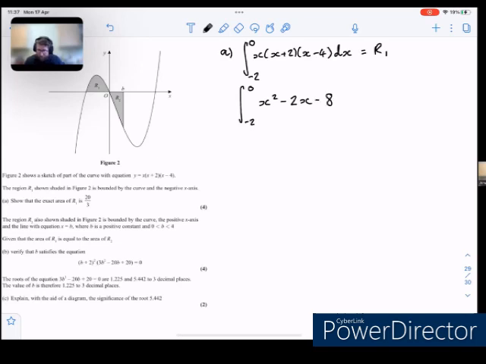But everything's multiplied by x, so all of these powers go up by 1. So this becomes x to the 4 over 4 minus 2/3 x cubed minus 4x squared.